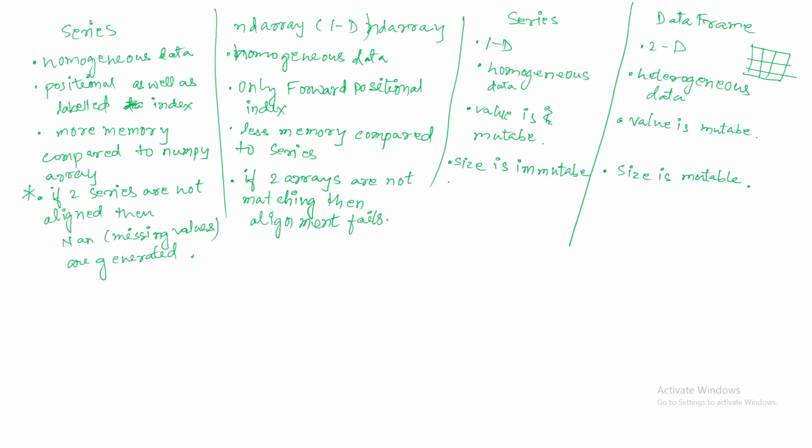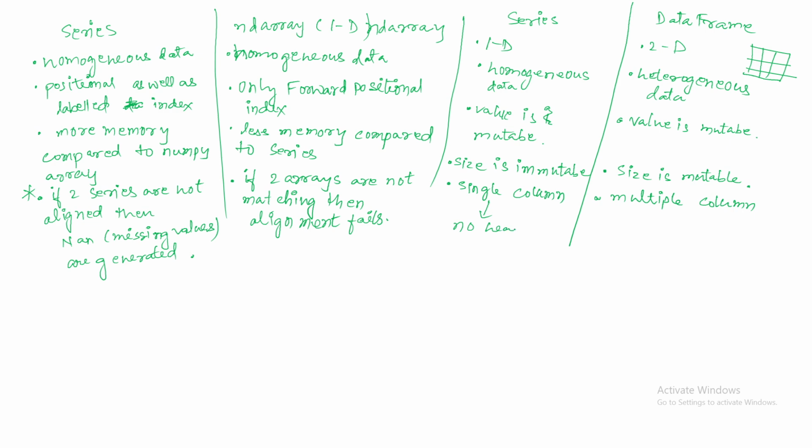Series has how many columns? Only a single column. Here how many columns? Multiple columns. Now, single column with no heading means heading is not required.